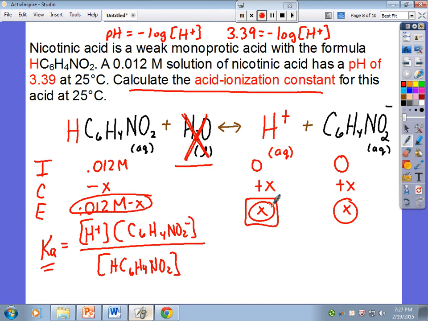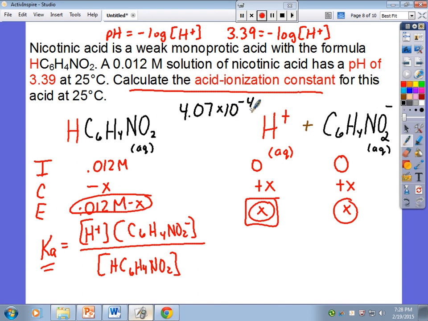Right here? Well, how do I solve for that? I take the antilog, or the second log, of my negative 3.39, close your parentheses on your calculator, and you get a value of 4.07 times 10 to the negative fourth.